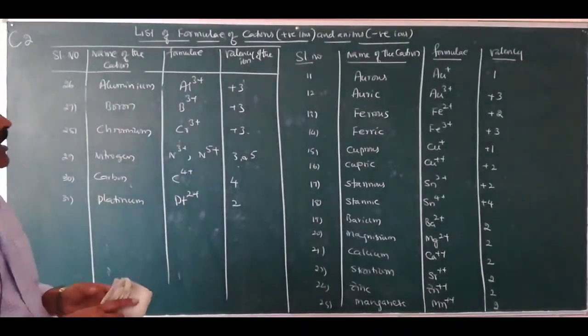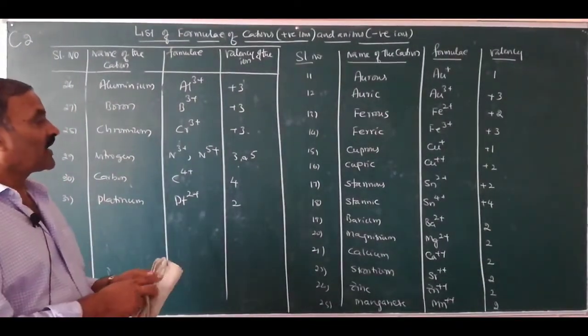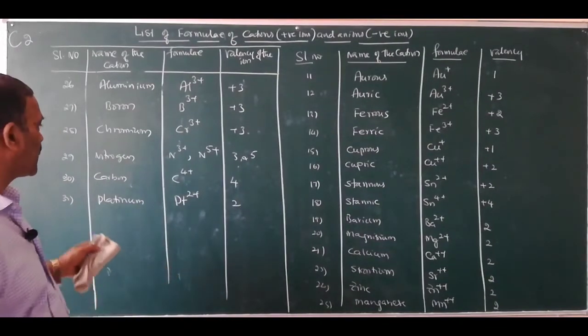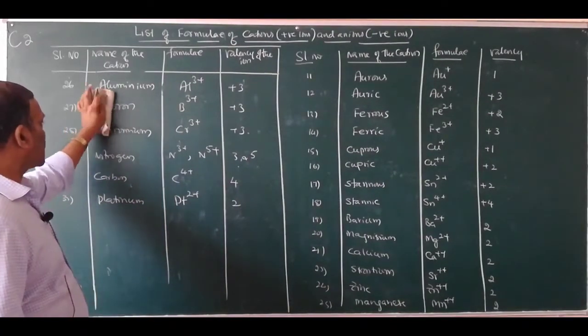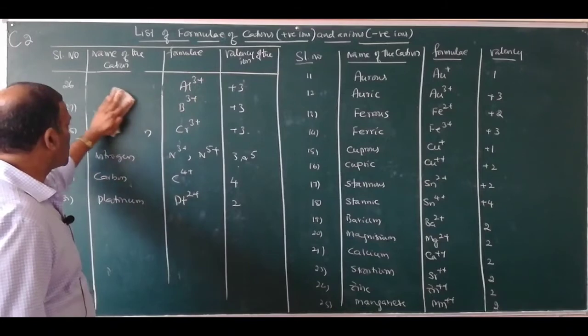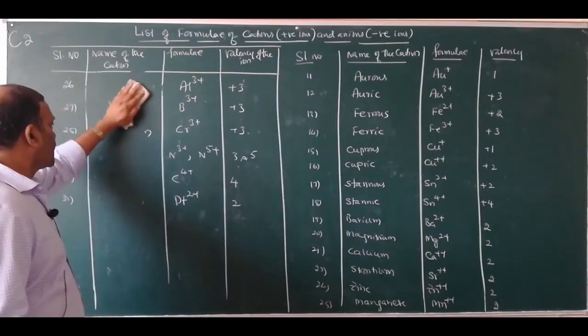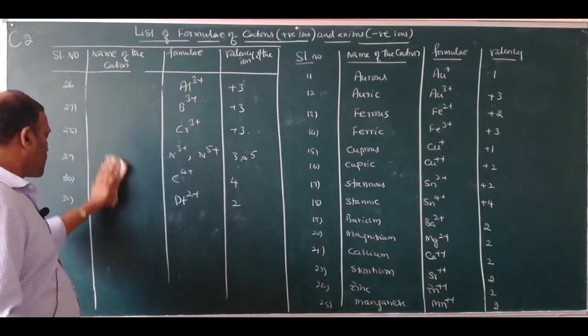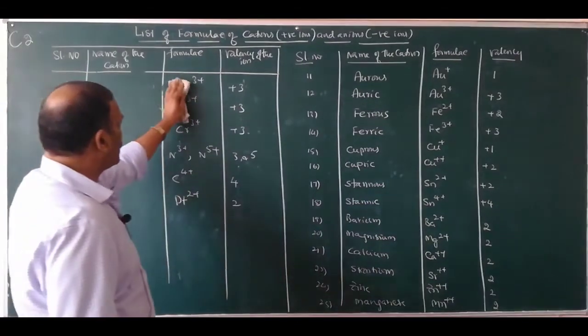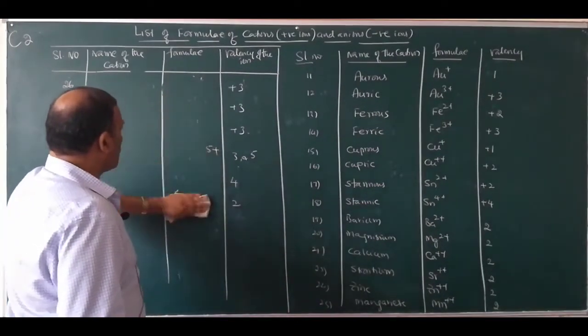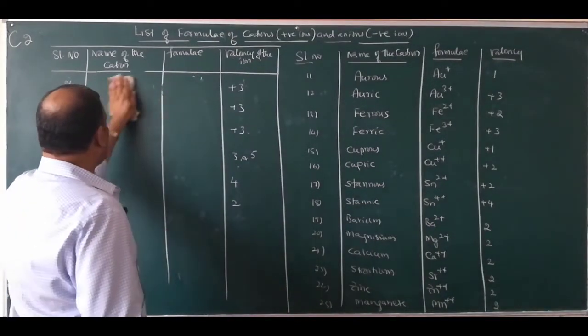So these are some of the formulae of cations. What are cations? The ions which carry positive charges are called cations. Why are they called cations? During electrolysis they move towards the cathode, therefore they are called cations.